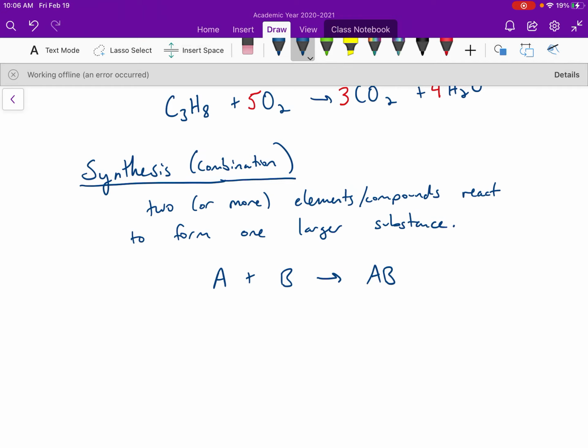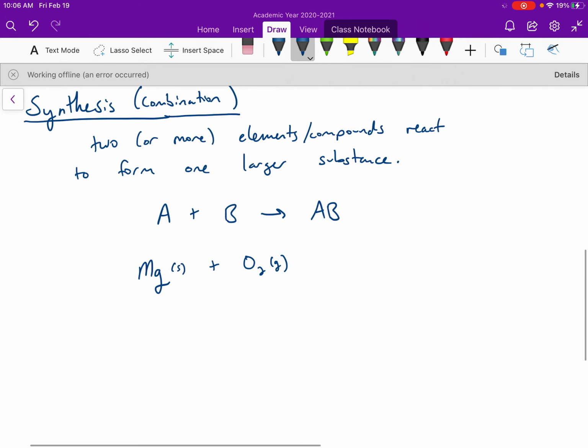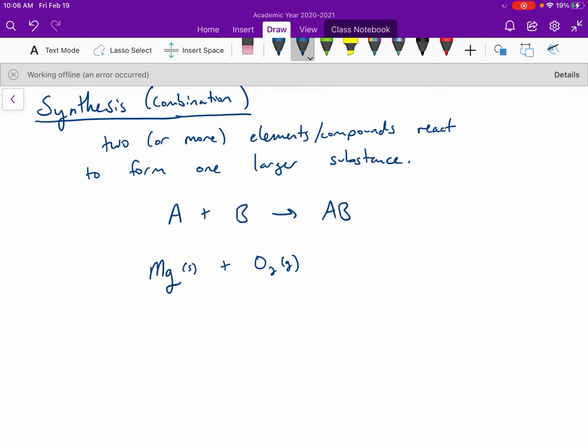An example of that would be, what if we had magnesium metal, right? Solid magnesium plus oxygen gas. Remember, oxygen exists as O2 in its elemental form. It doesn't exist as just O. So what does this make? Well, it makes the compound MgO. It doesn't make MgO2, right?